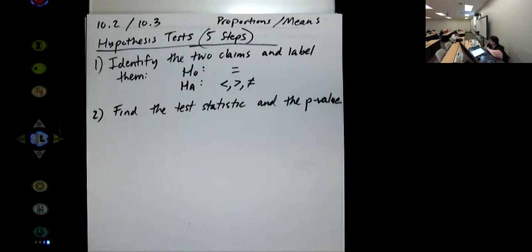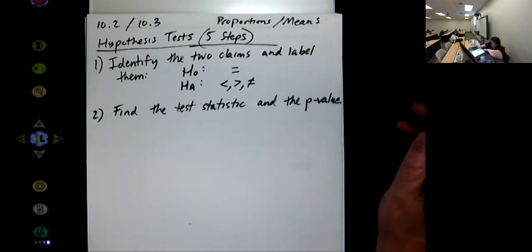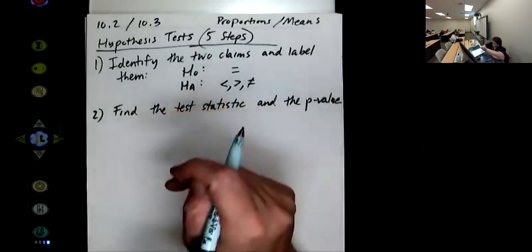They didn't use p-value because p is for proportions and the p in p-value is not for proportions. I don't know what the p is for. Parameter value, maybe? But it's called the p-value. We will do this in StatCrunch.